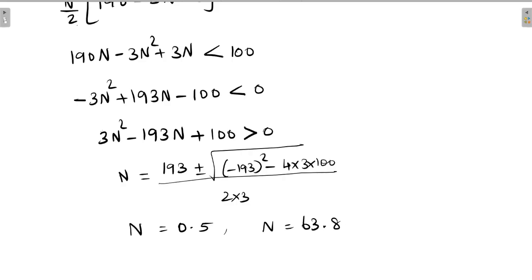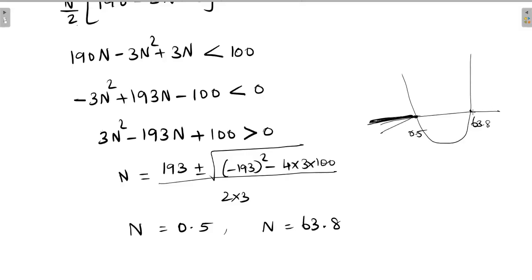Now where is this inequality satisfied? Because it is greater than, where is it possible? This curve is open upward. So suppose on the x-axis we consider 0.5 and this value 63.8. Here, where it is greater than, these are the possible values of x.